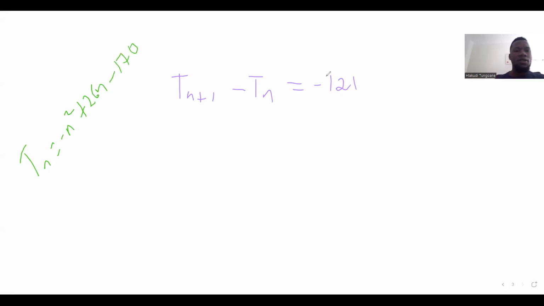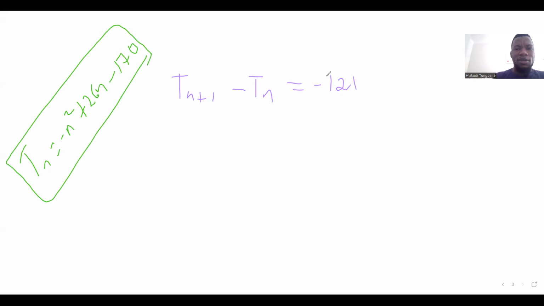That's what we're going to be substituting into, right? So to solve this equation, you're going to have minus (n plus 1) squared plus 26(n plus 1) minus 170, right?